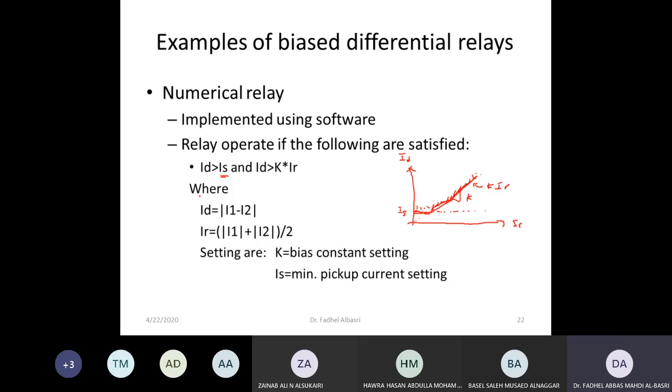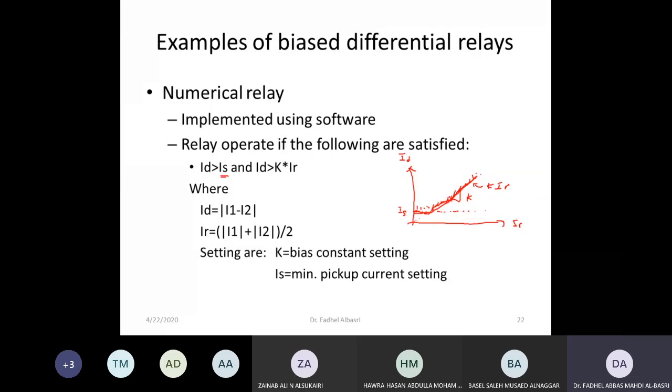The relay calculates I differential, which is I1 minus I2, and I restrain, which is the average of the magnitudes of the two currents. And these are the principles of differential relays.